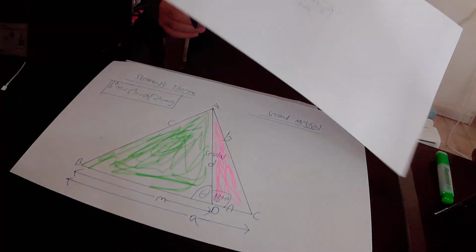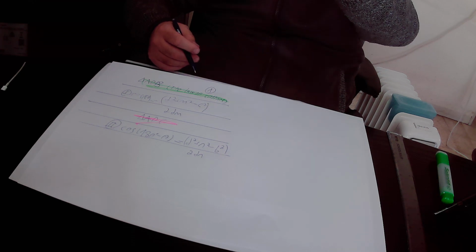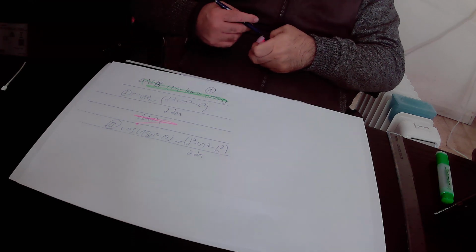So this equation number 2 is the implementation of the law of cosines in the pink triangle ADC.